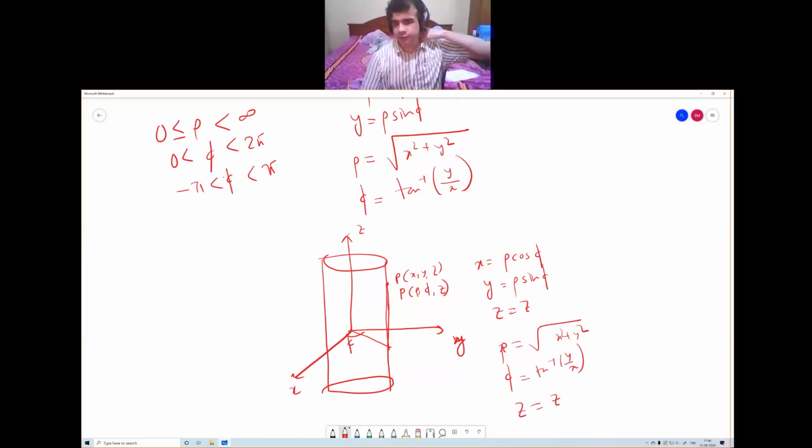So this is quite simple. What is not so simple is the unit vectors along rho, phi and z. The unit vector along rho points radially outward. The unit vector along phi is 90 degrees to that.